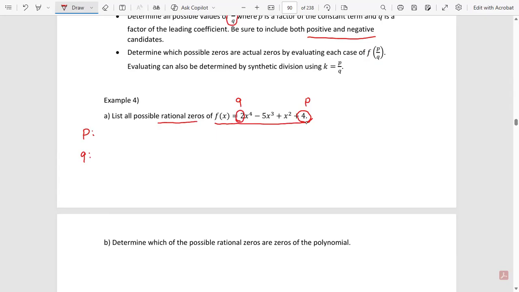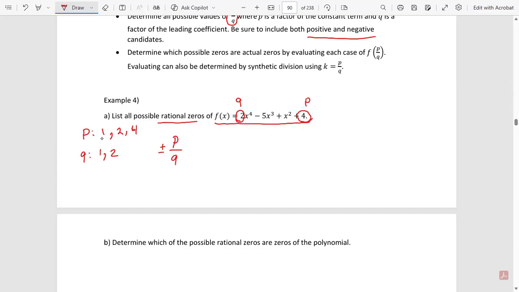So what are all the factors of 4? All the numbers that you can divide 4 by. 1, 2, and 4. What are all the factors of 2 for Q? Just 1 and 2. Now I need to divide each P by each Q with a plus and minus, with the positives and negatives.